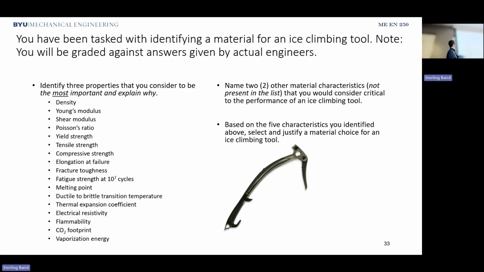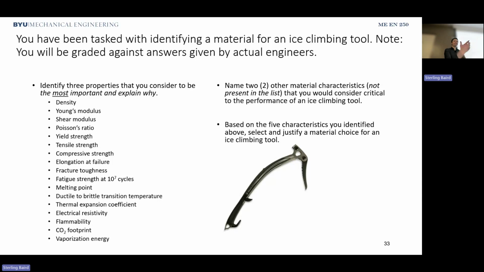If you had to rank Young's modulus versus yield strength, any thoughts on why you might want one or the other? I guess yield strength might be important because you don't want it to actually bend while you're up there. Yeah, you know, die. Yeah, that seems about right.